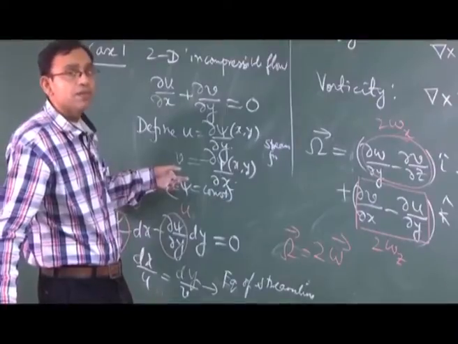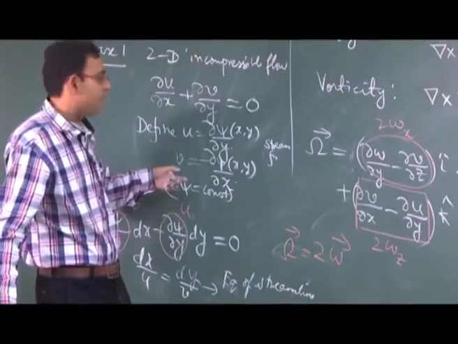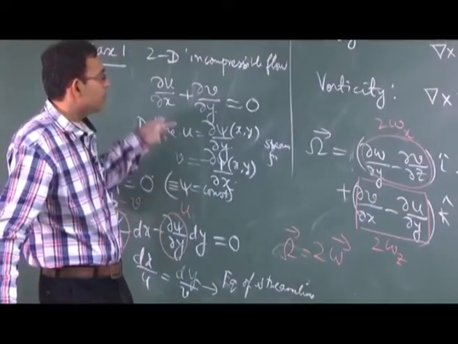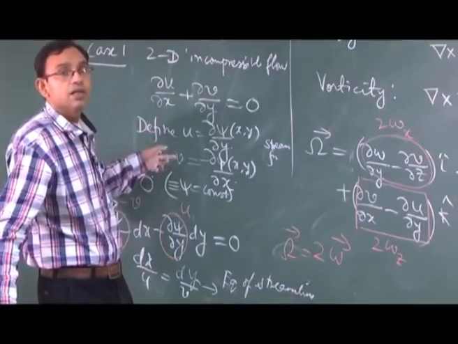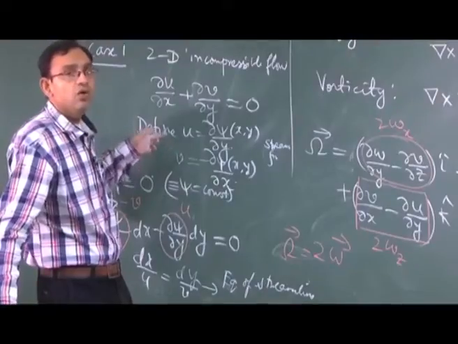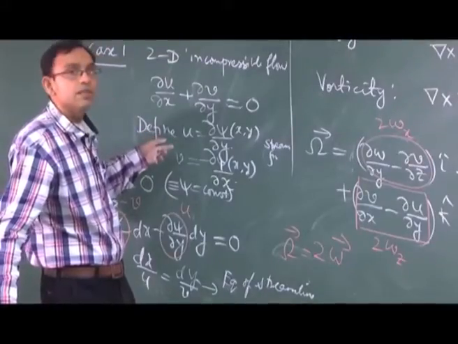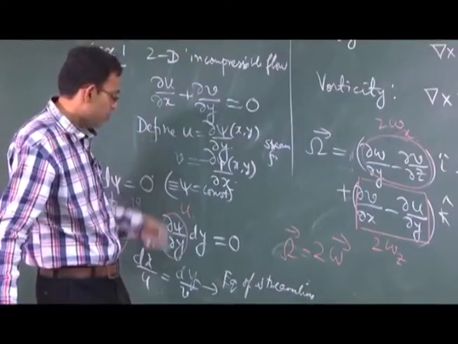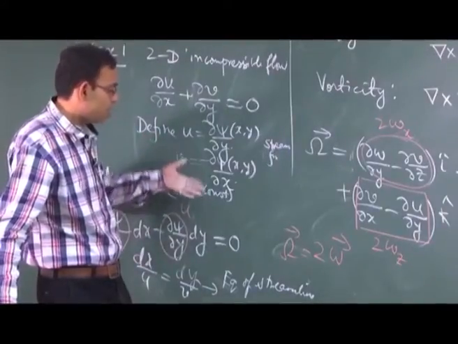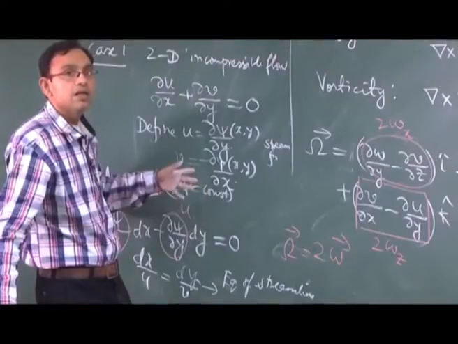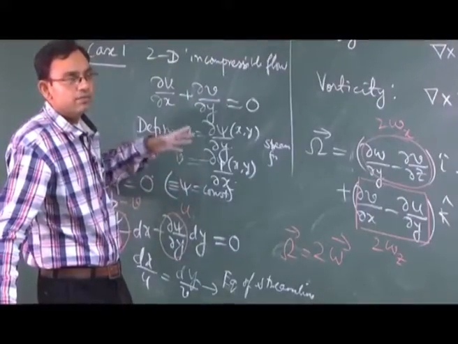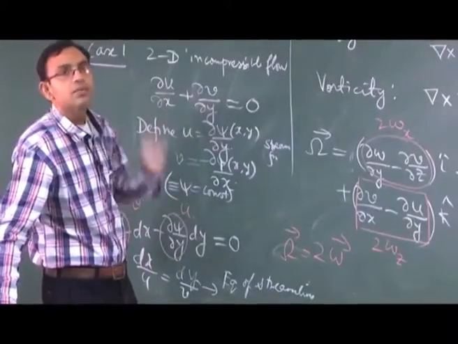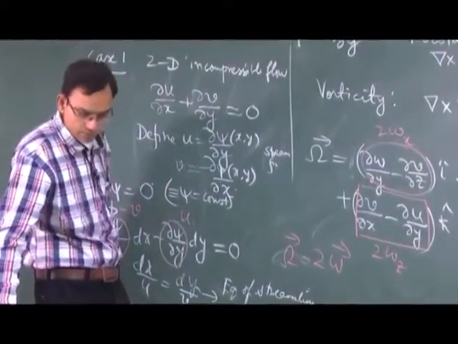For all types of flows you will have streamlines, but for all types of flows you do not have the stream function defined. Stream function is defined only for two dimensional incompressible flow. So, only for such cases you will have this analogy between stream function and streamline, that is, the constant stream function represents a streamline.